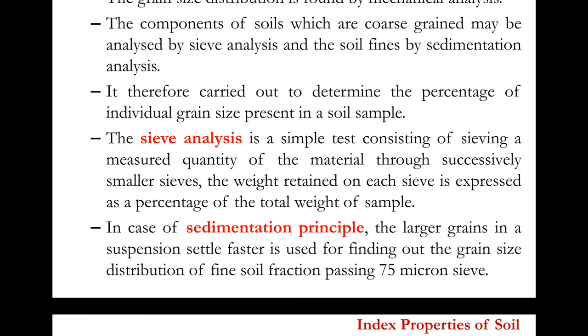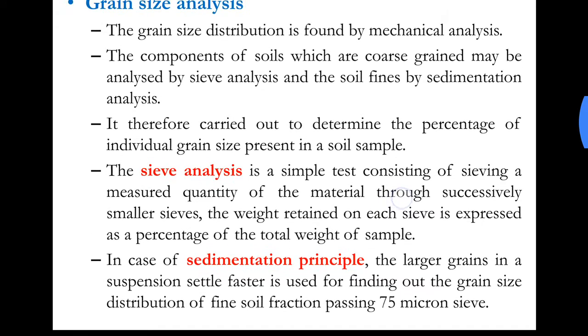What we do is we arrange a set of sieves. We form a vertical column of the sieves with the largest sieve at the top, decreasing the size as we go down. The bottommost sieve, which is just above the pan, would be of the least size.